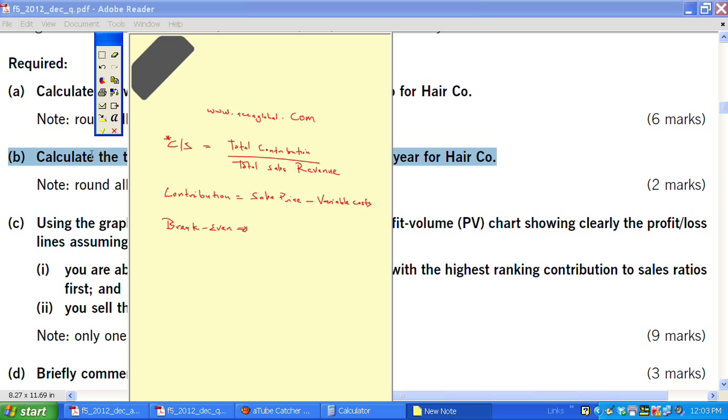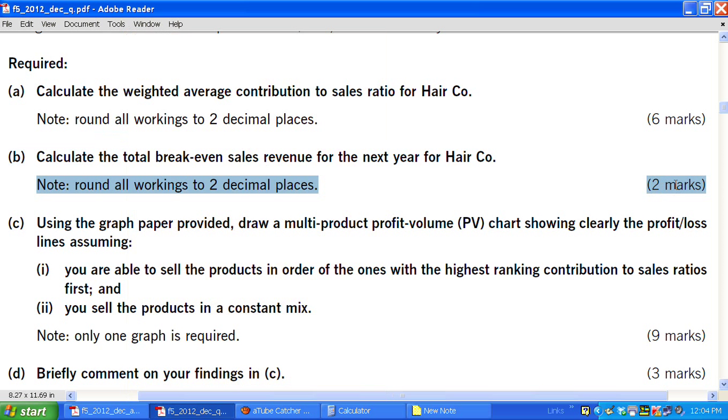Break-even means the activity level at which profit is equal to 0. So at break-even you don't make a profit and you also don't make a loss, and it's 2 marks, so that means you shouldn't take more than 4 minutes on this.